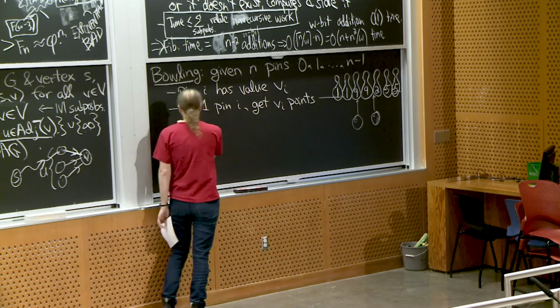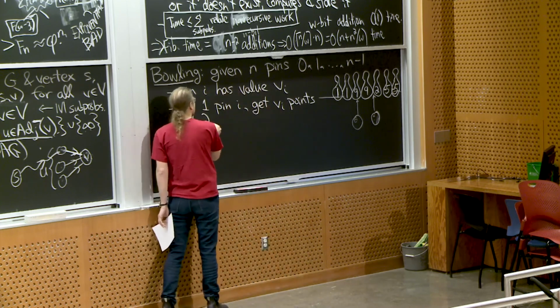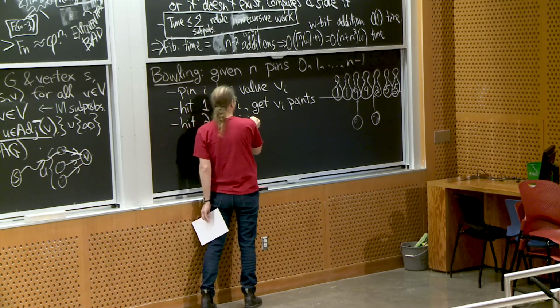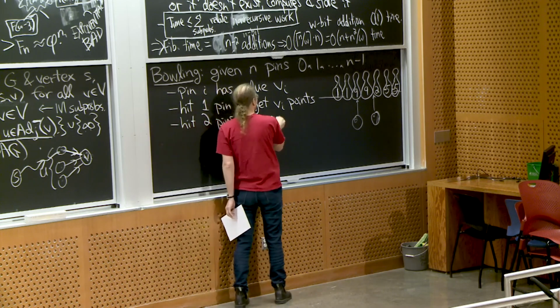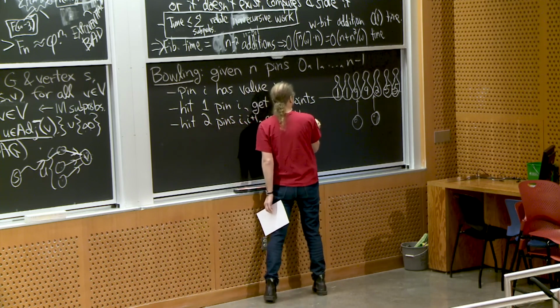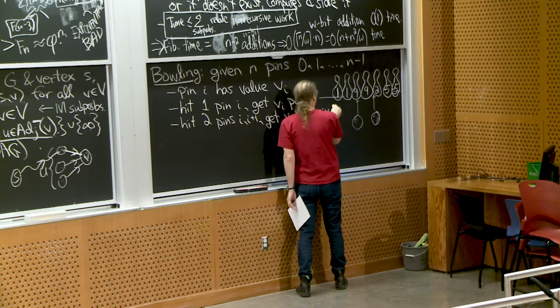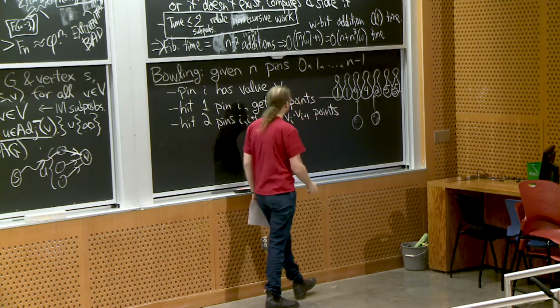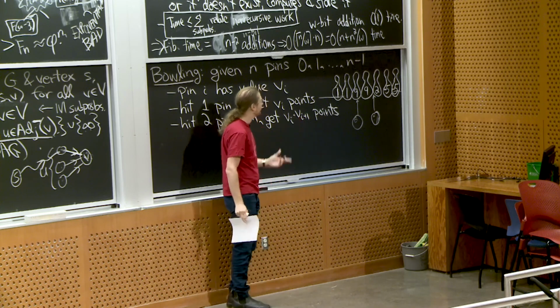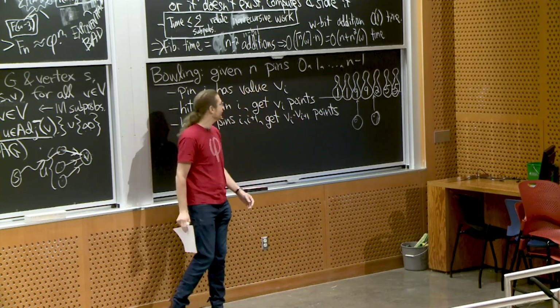To make it interesting, when you hit 2 pins, you get the product. So if I hit 2 pins, it's always i and i plus 1 for some i. You get v_i times v_{i+1} points. This is the game you're playing. And it doesn't really matter that this is a product. Product is just some weird function that's hard to imagine.